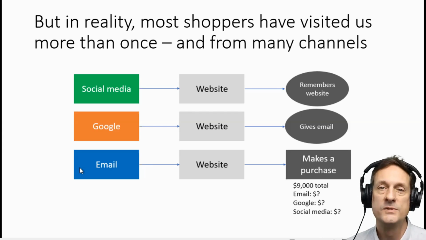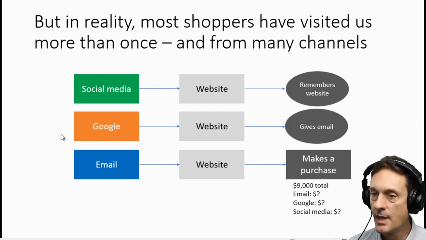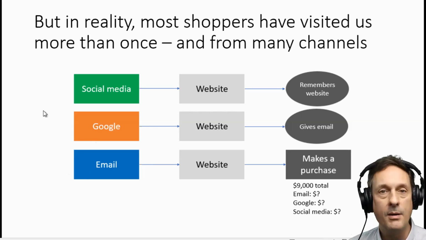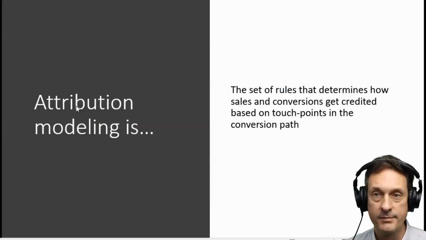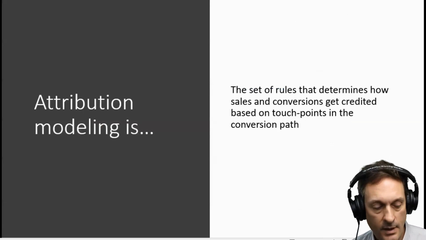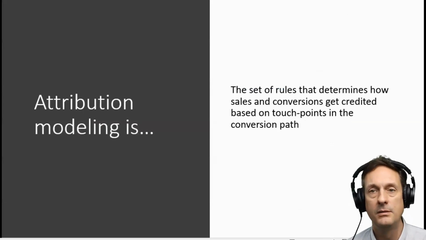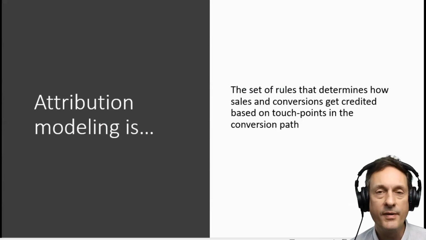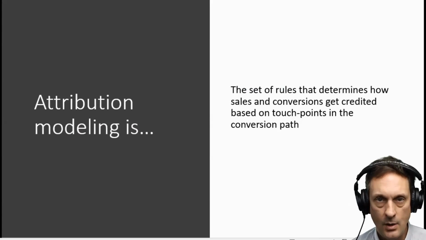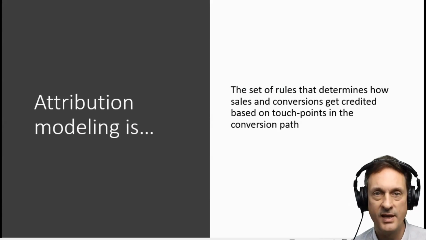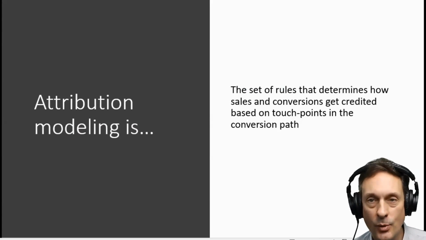Unsurprisingly, though, some people have thought about this problem. And they've come up with a big term for it called attribution modeling, where we want to come up with an idea for how we should spread out the value of a transaction when customers have hit what are called multiple touch points, okay?